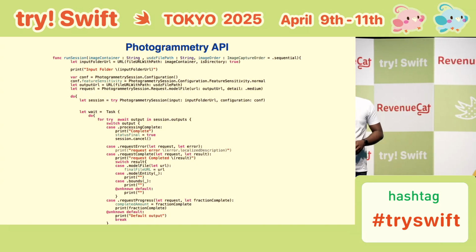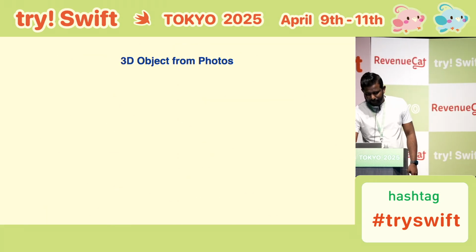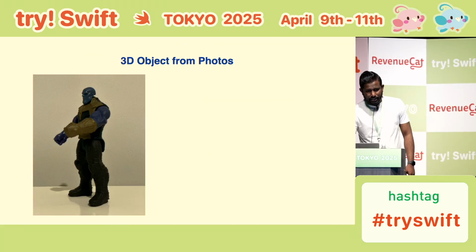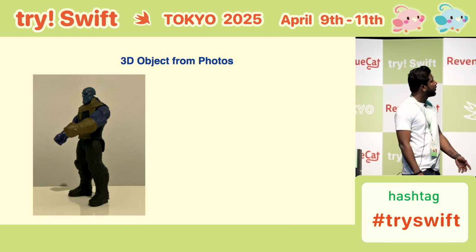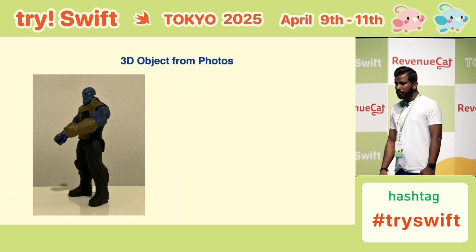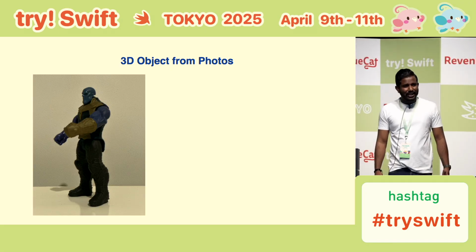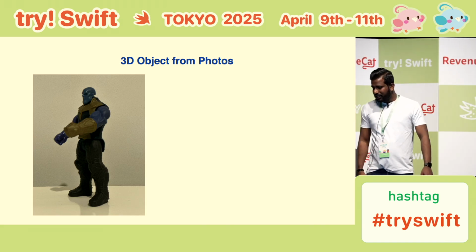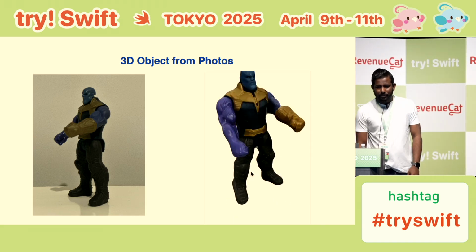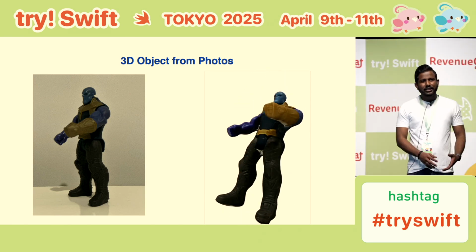I'll show you some of what I have done with this. In this example, I only captured 30 photos of this model, no more than that. I took these photos in the evening with little light and no proper setup, but I was still able to create this type of model with 30 photos.